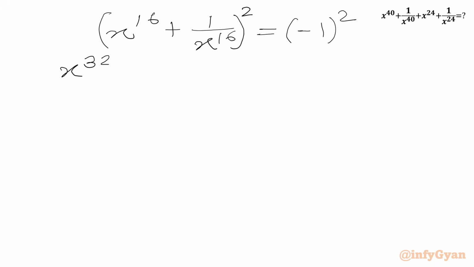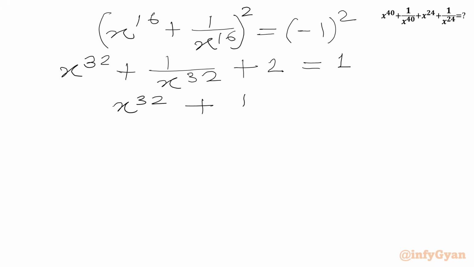So x power 32 plus 1 over x power 32 plus 2 will be equal to 1. Now we will subtract 2 from both the sides. So we will get x power 32 plus 1 over x power 32 value 1 minus 2, which is minus 1.